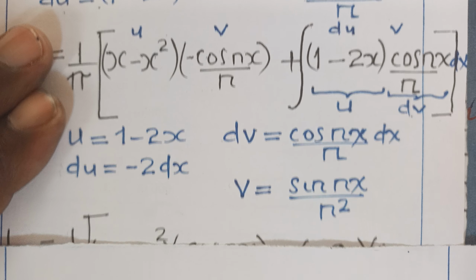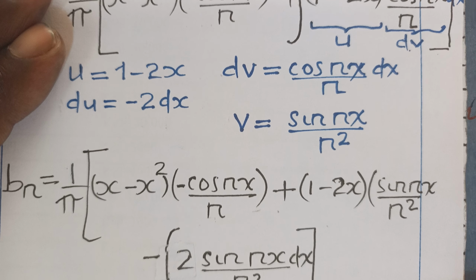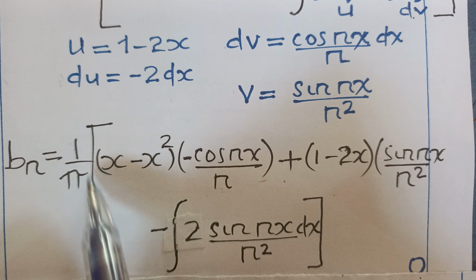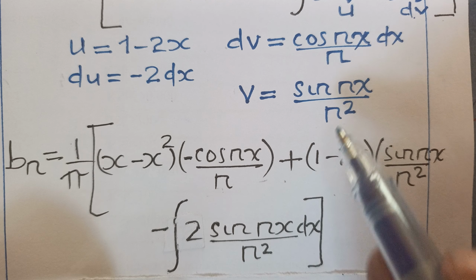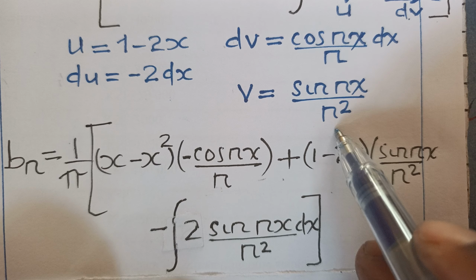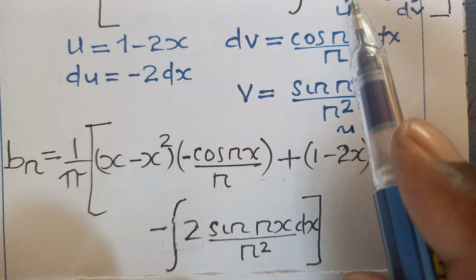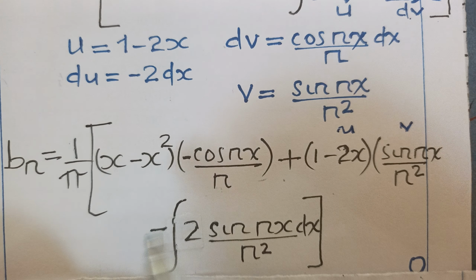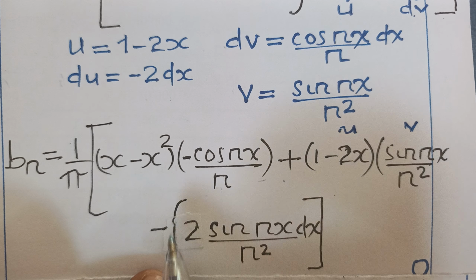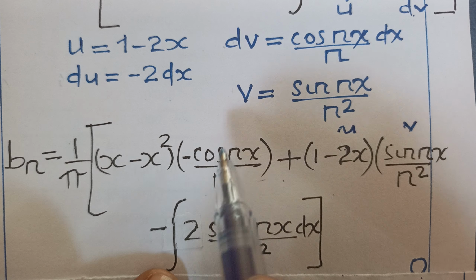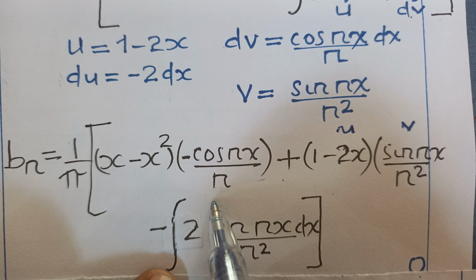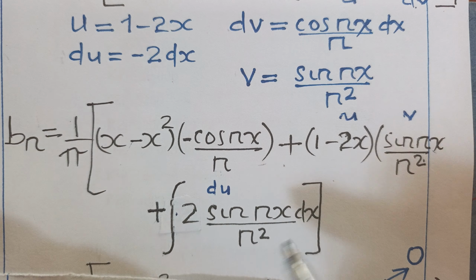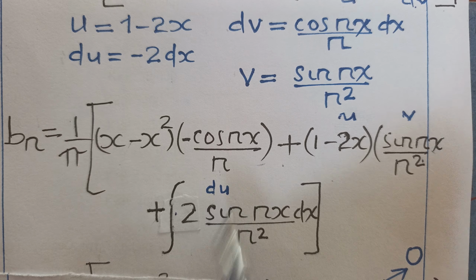Using the same equation, we now form this equation. The first one we had already done, and for the second one, this is supposed to be u here and this is supposed to be v. Now minus integral of v du, and this is now du.